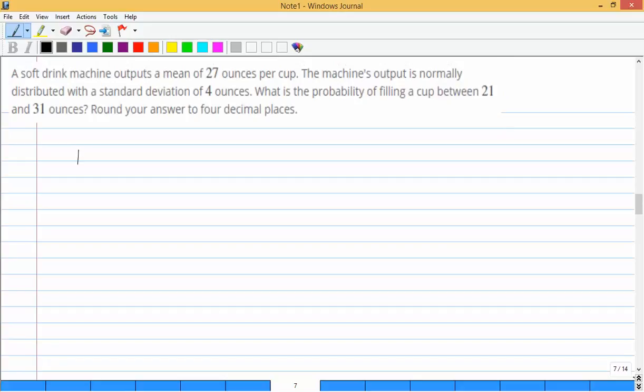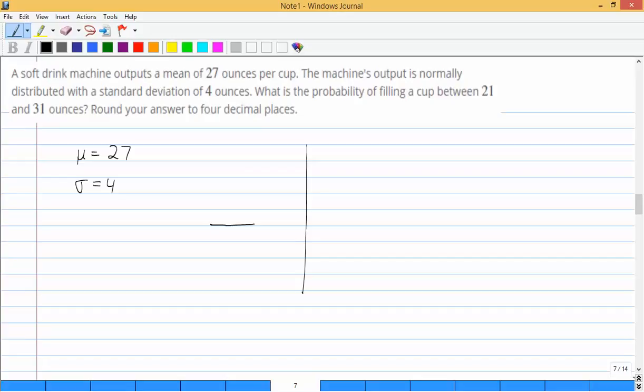The first sentence says that the mean of the machine, it fills up 27 ounces per cup. That's the mean. It also says that the standard deviation is 4 ounces. What is the probability of filling a cup between 21 and 31 ounces? I would think the probability is probably going to be pretty high, just trying to use common sense. But let's see.